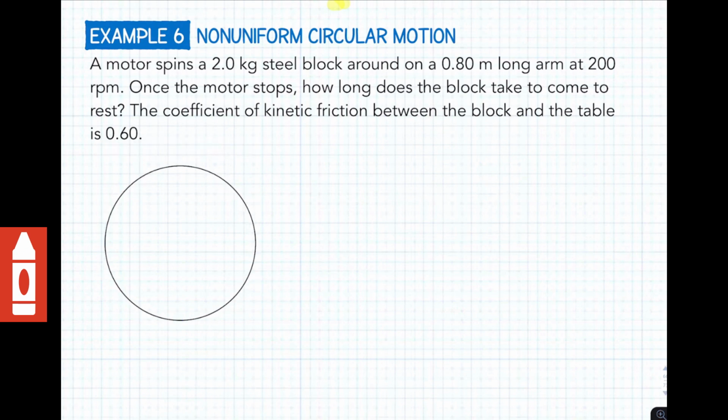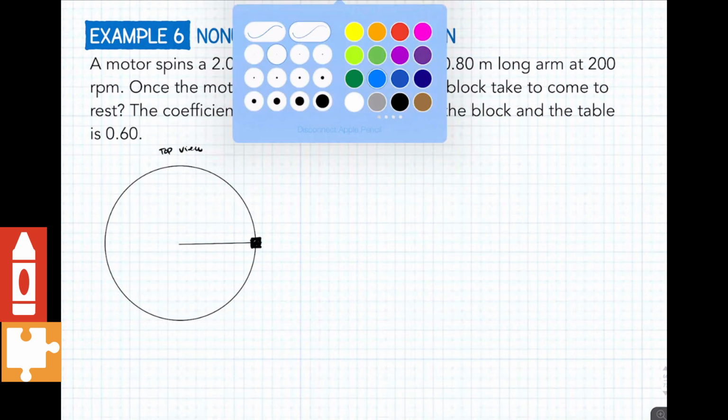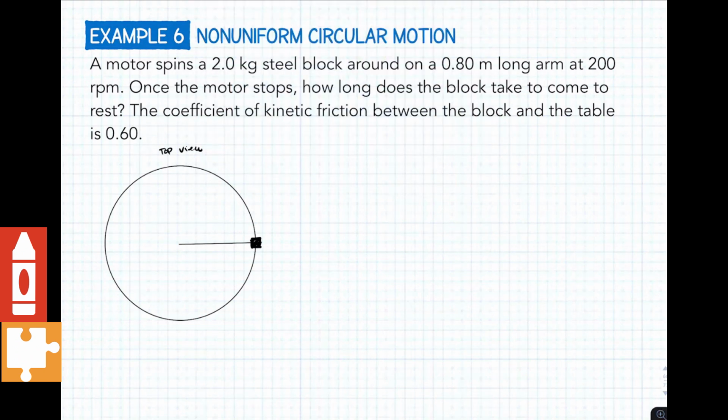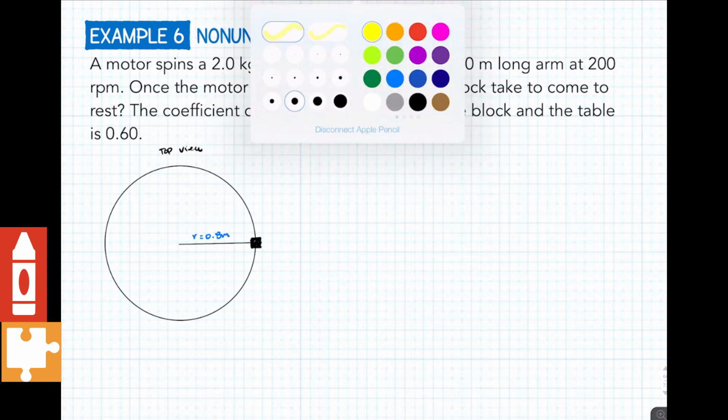Okay, so this would be our top view. This is the center of our circle. Here's our block. This is our radius, which is 0.8 meters.